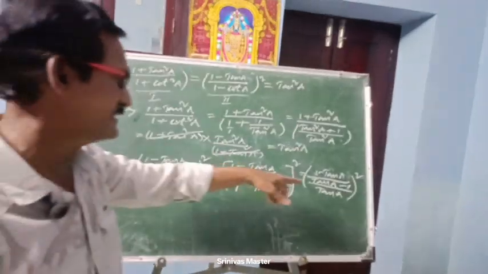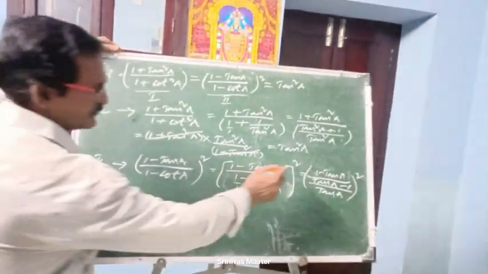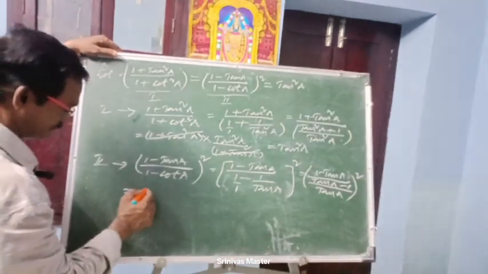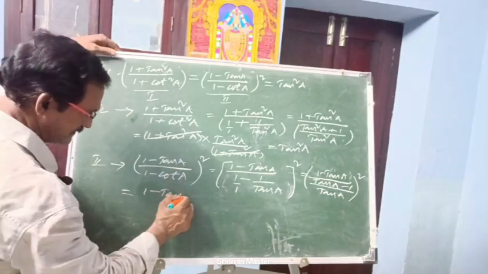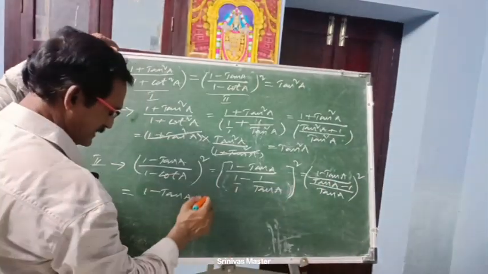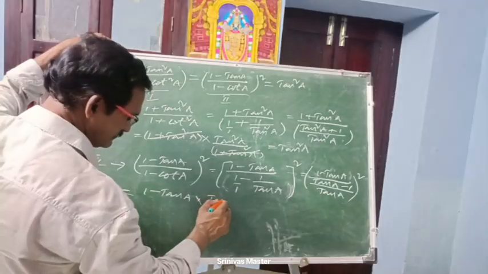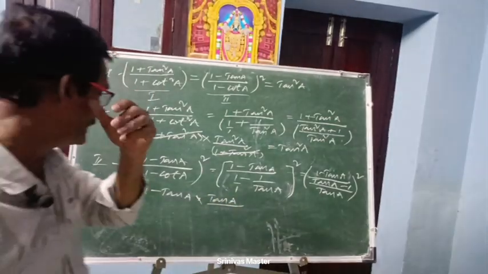First you write the reciprocal of this. How to write now? 1 minus tan A into tan A by tan A minus 1.